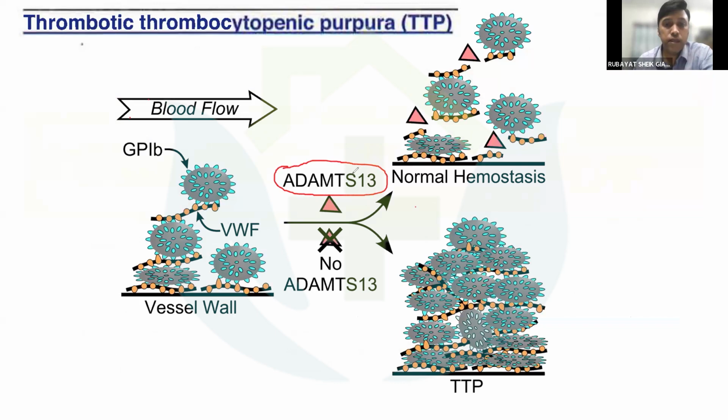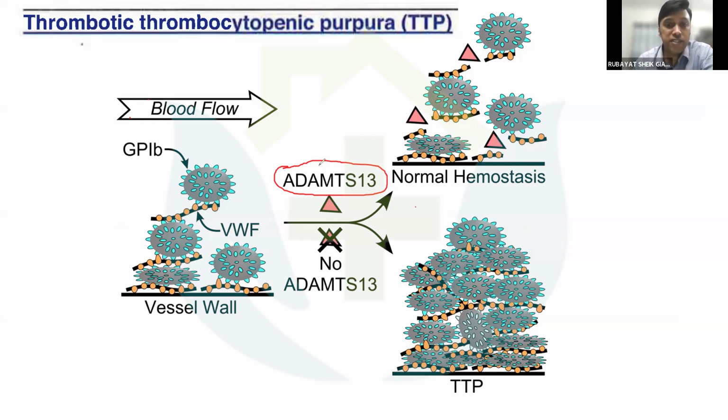The normal function of this enzyme is that when von Willebrand factors and platelets start forming large clumps, it cleaves them into small ones so that they don't clog the vessels.